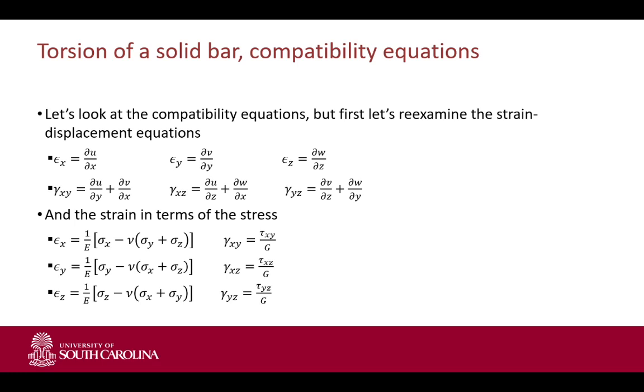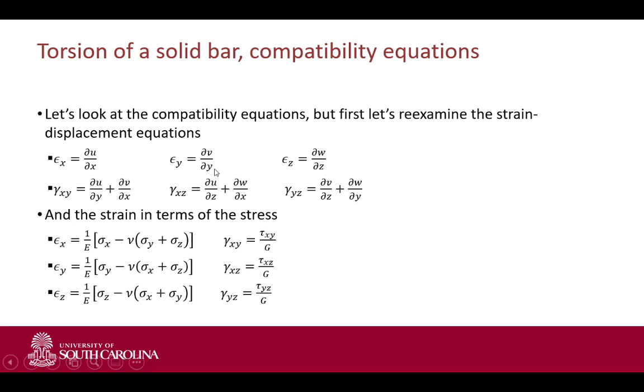Similarly, strain in y is partial v over partial y, and strain in z is partial w over partial z. And our shear strains are defined by functions of partial u over partial y and partial v over partial x, etc. So, for example, gamma yz is partial v over partial z plus partial w over partial y.